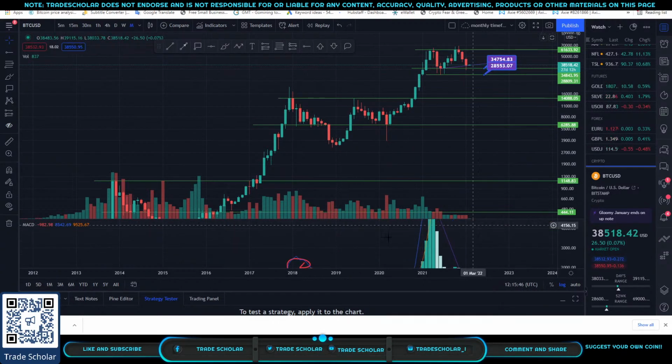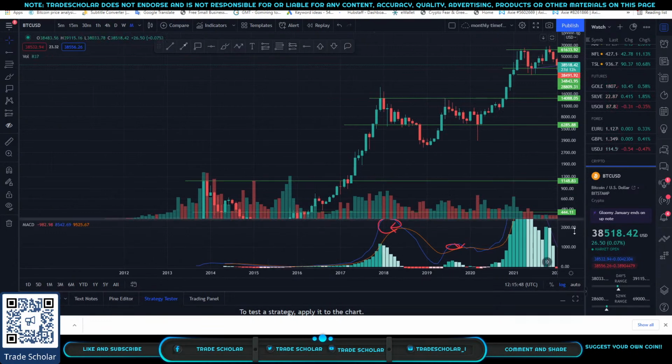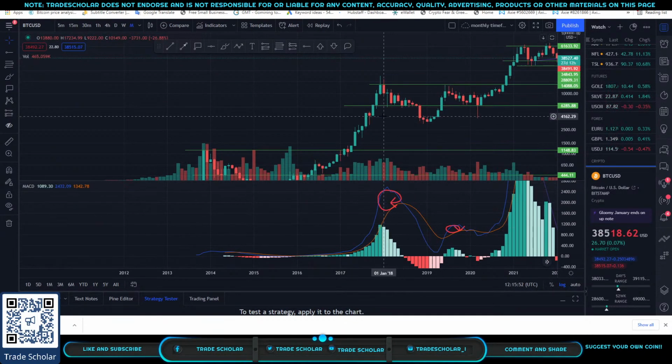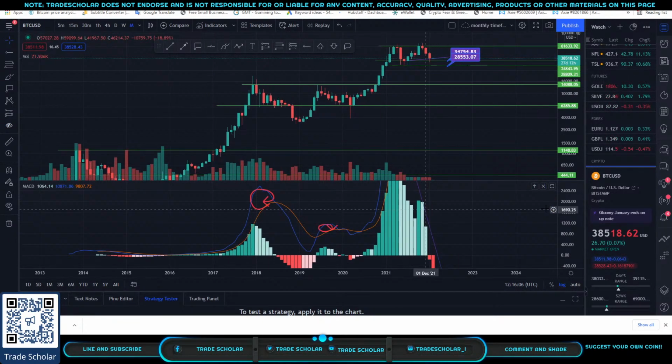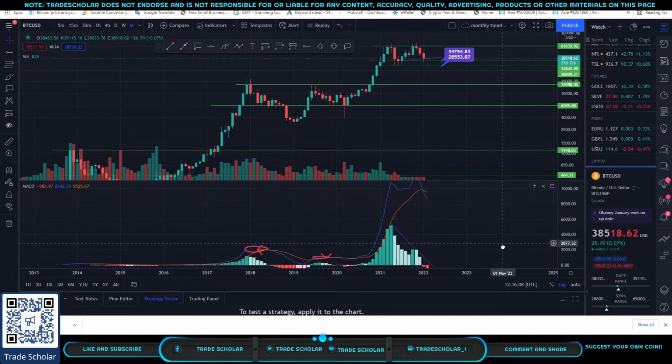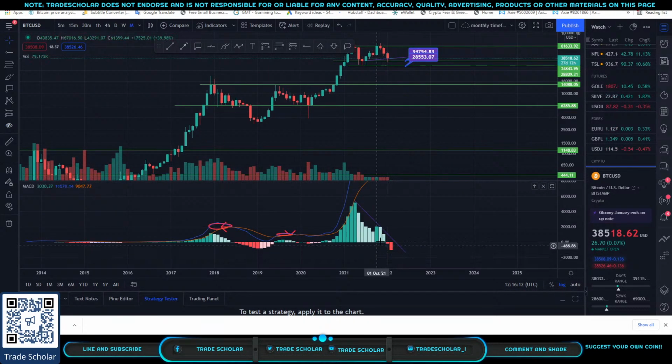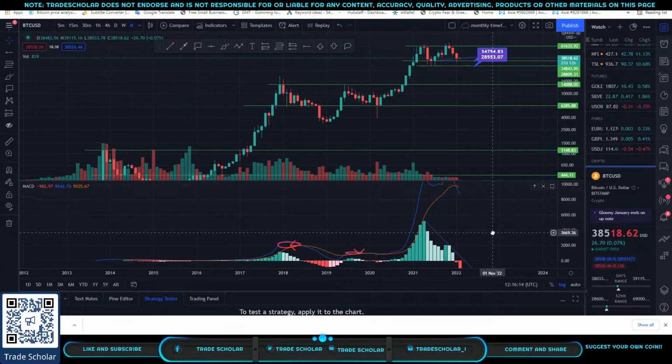Let's study the chart. It crossed here, but didn't drop right away. Still holding, holding, holding until the gap went down, and so it broke to the downside. The same picture is happening here: hold, hold, hold, and then it drops.